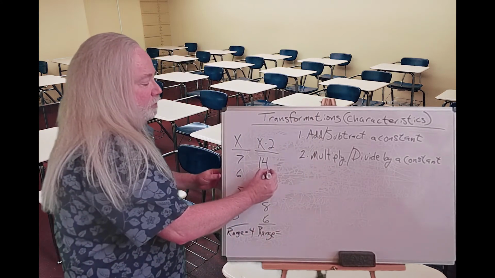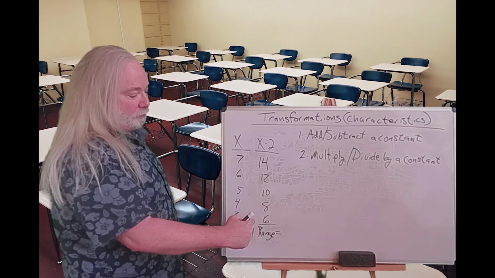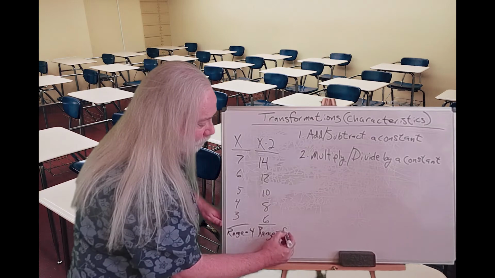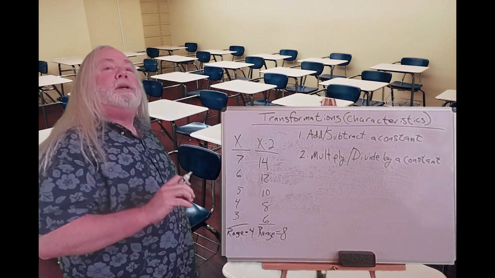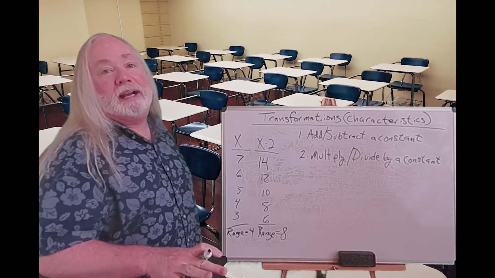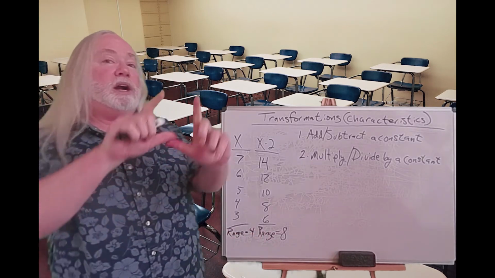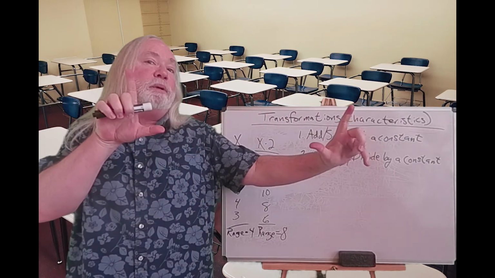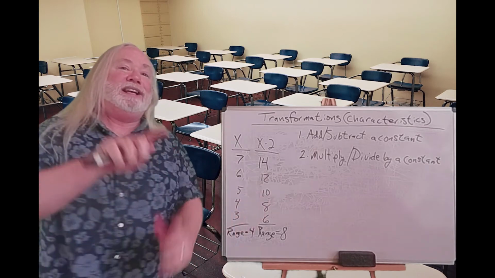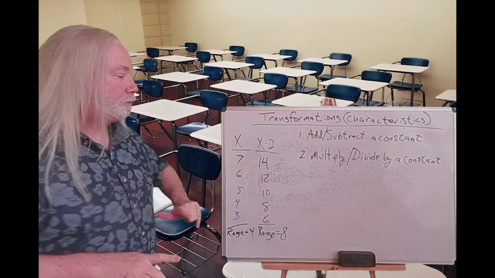So our highest score is now 14 after we've multiplied everything by 2. Our lowest score is now 6. The range now is 8. So if you multiply every score by a constant, you really are making them further apart. You really are enhancing those distances between them, augmenting those distances. Likewise, if we divided, we would be collapsing. The range would get smaller.